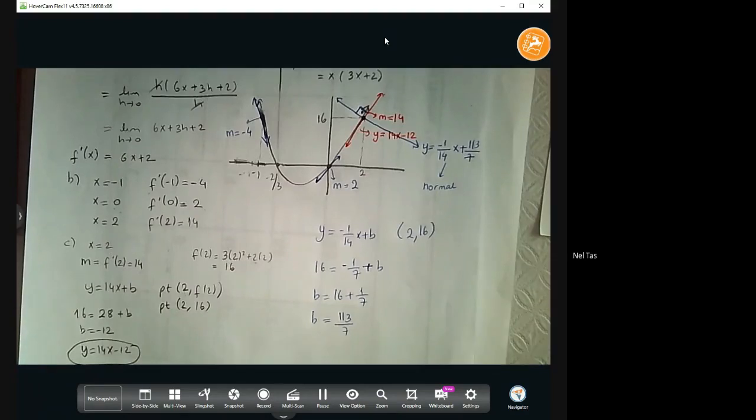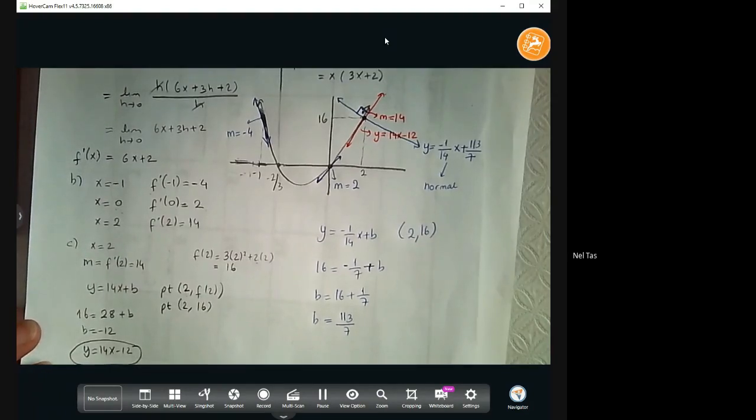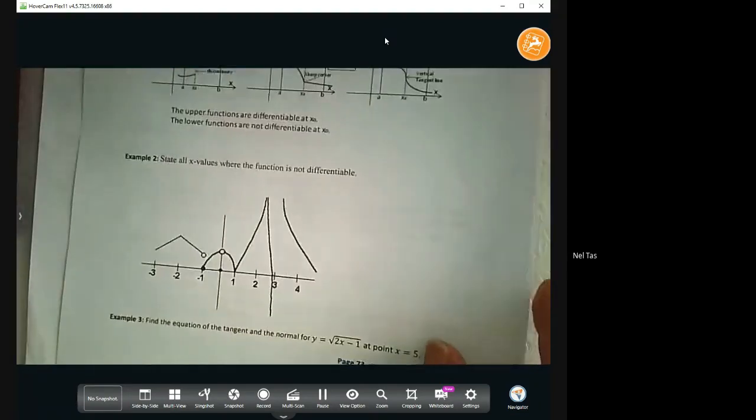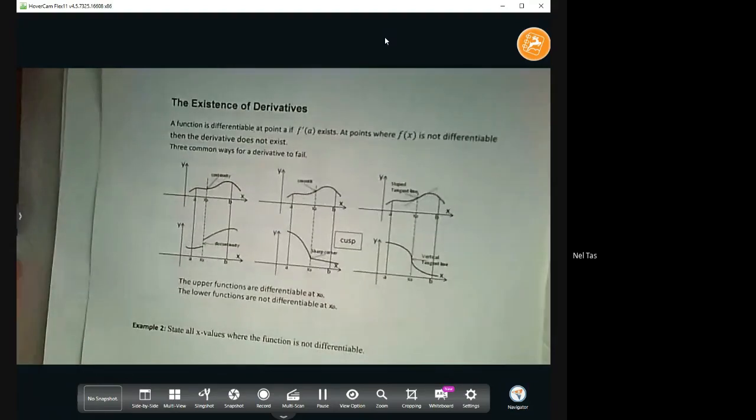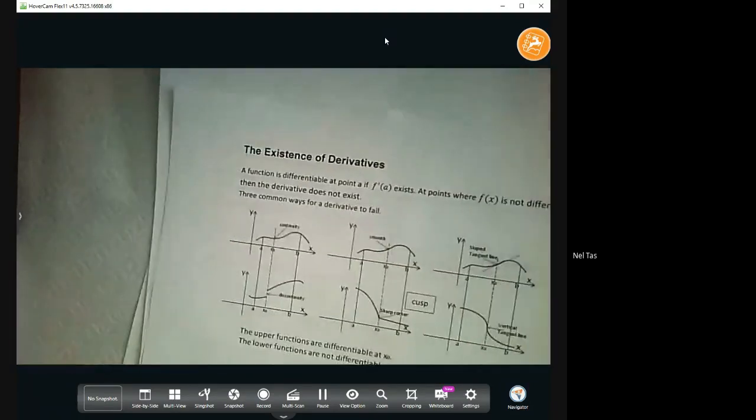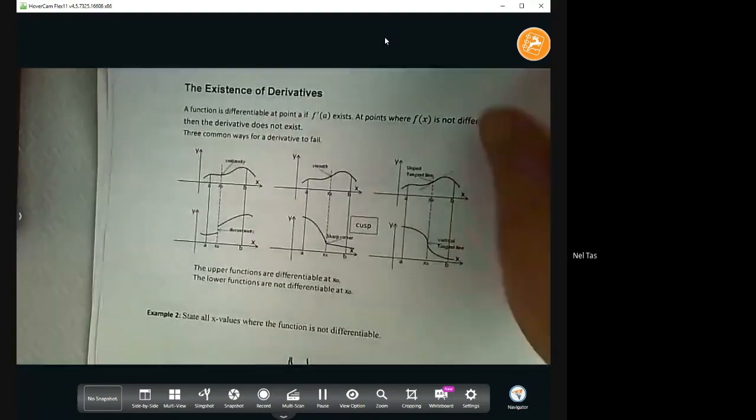Let's look at example 2. Okay, so we are going to talk about the existence of derivatives.